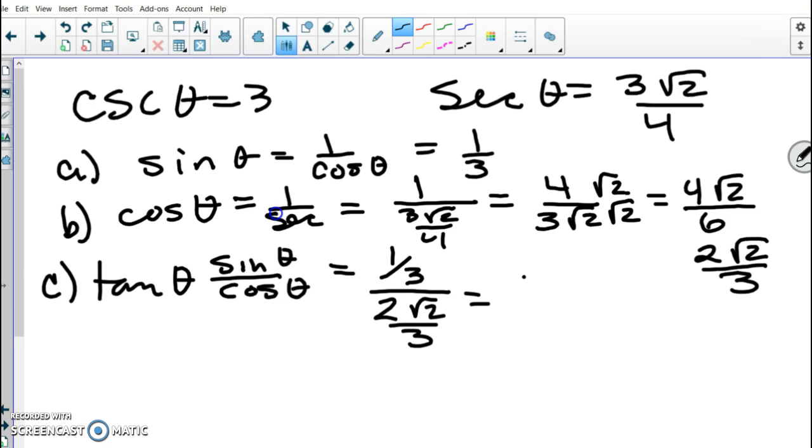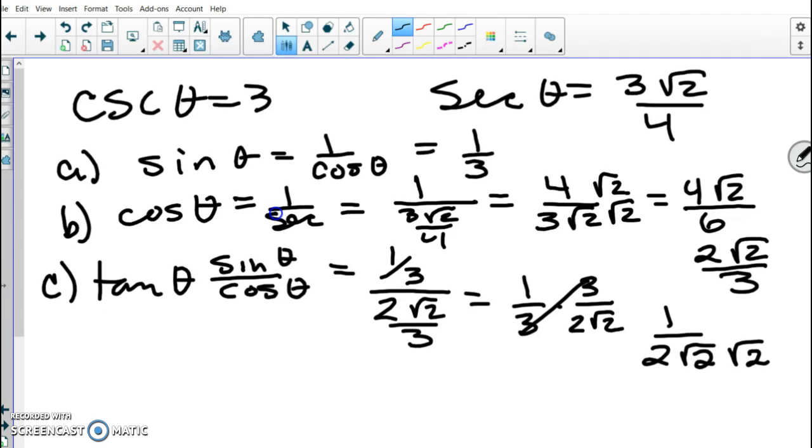And again, we're going to take that numerator and multiply by the reciprocal of the denominator. 3's cancel. We get 1 over 2 roots of 2. Getting rid of the radical in the denominator, we get 1 root of 2 all over 4. The square root of 2 over 4.